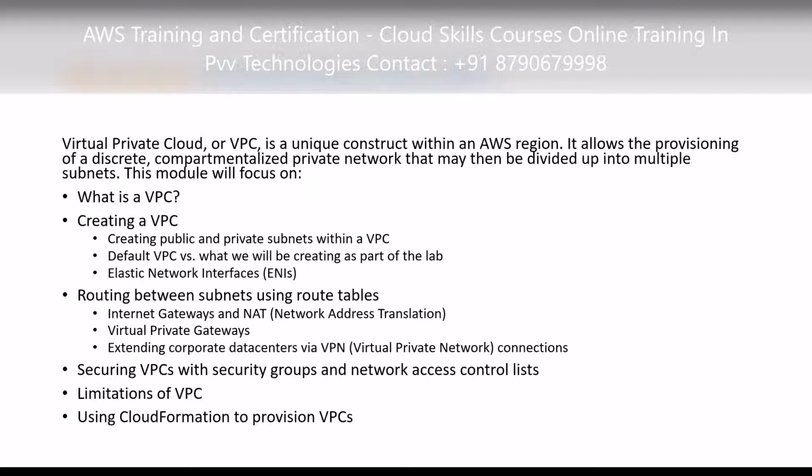If that region has two availability zones, you will be able to create only two subnets, and if that region has six availability zones, you will be able to create six subnets. Based on the region, we manage the VPC in creating the subnets as per the availability zones.